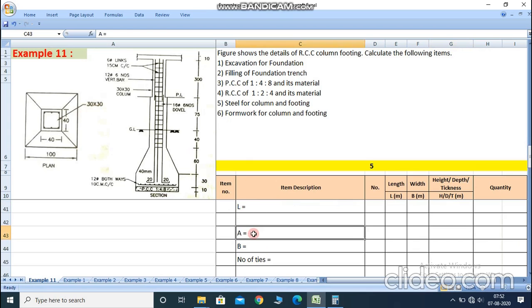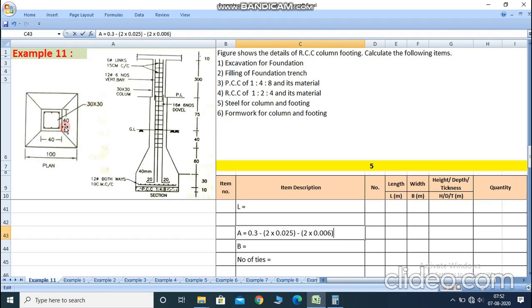So the value of A is 0.3, minus 2 times cover on both sides. Here the side cover is 2.5 centimeter, so 0.025, minus 2 times the diameter of the stirrup on both sides, 2 multiplied by 0.006.